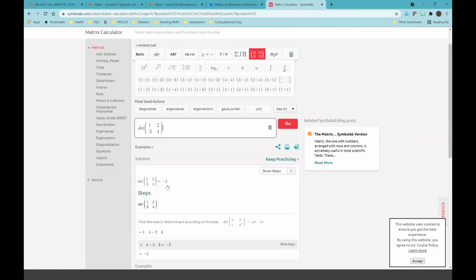And you can see here's the determinant value right here. So in Symbolab, super easy. Just write DET in front of the matrix that you want the determinant of. Remember, it's got to be square, so 2 by 2, 3 by 3, and so on.